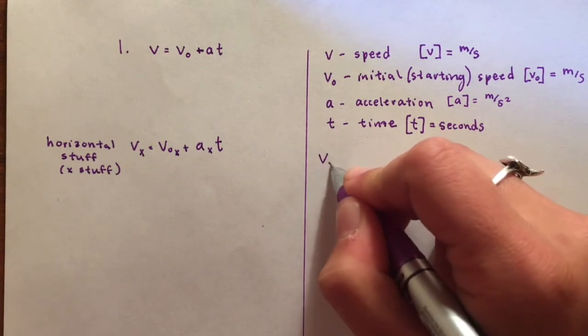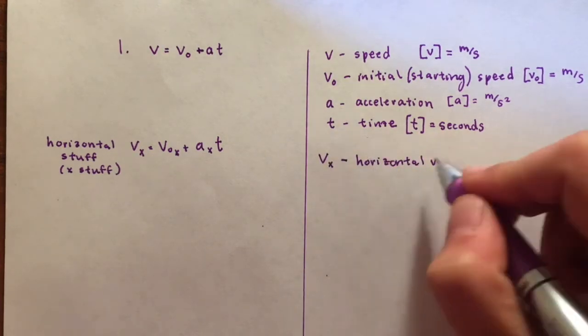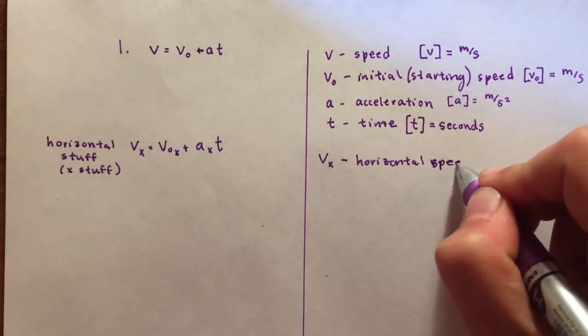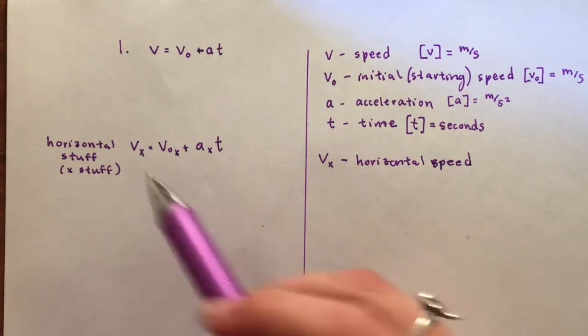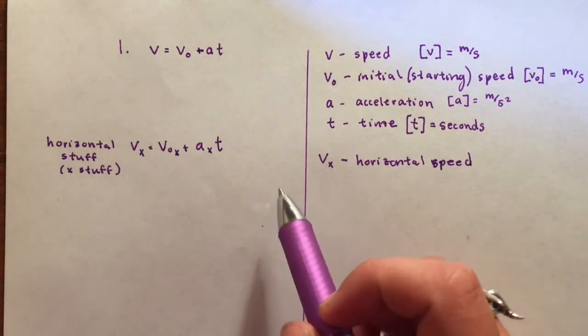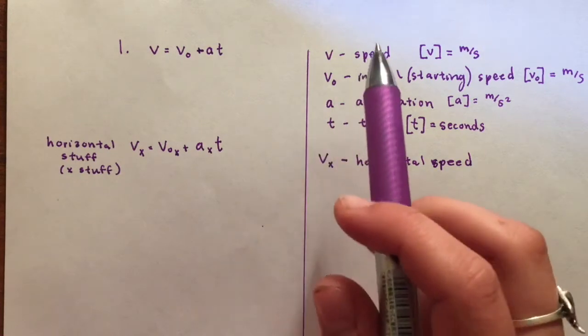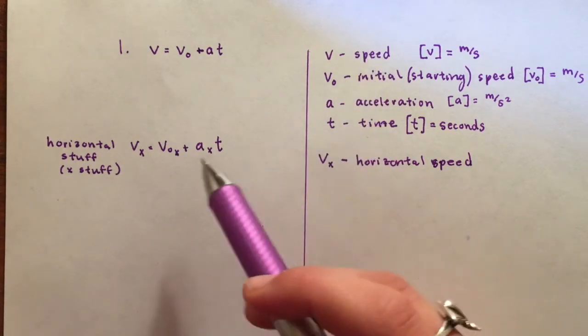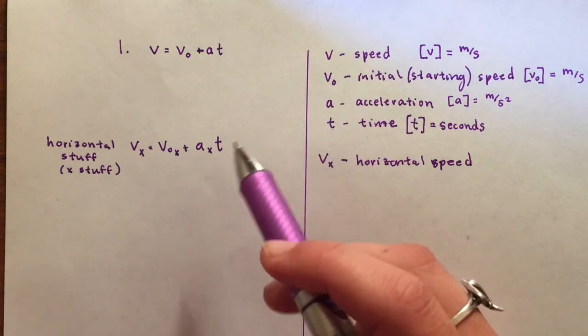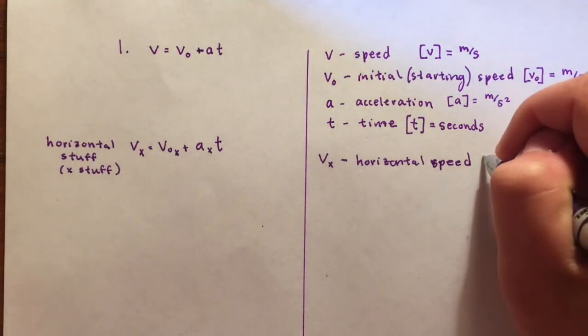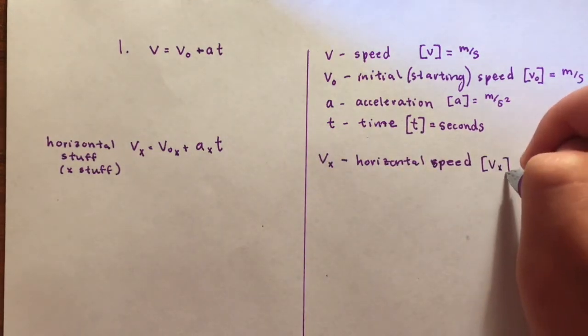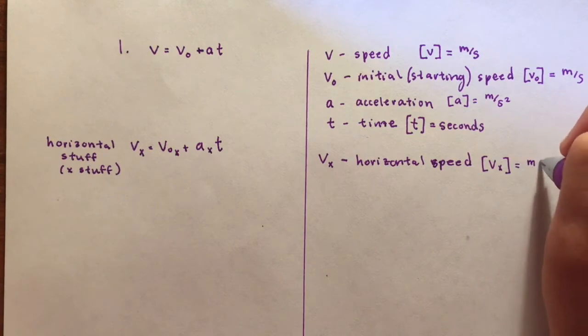So Vx means horizontal speed. Okay? So this x just means horizontal. So essentially, to all of these variables that we had up here, we're just going to add horizontal, except for time. So the units do not change because it is still a speed, it's just in the horizontal direction.